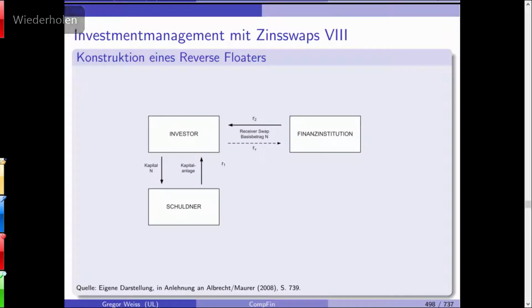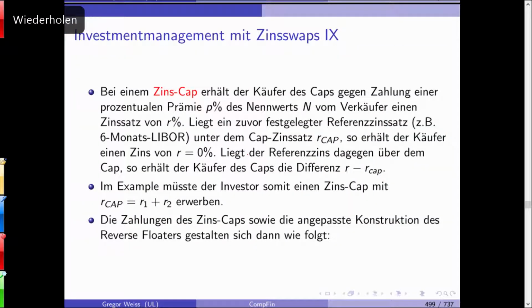If, for example, you have a reverse floater, you are getting R2 and paying out RV, more or less, and with an interest rate cap, the buyer of the cap is receiving a percentage premium of a notional N from the seller. He's paying a premium and is getting an interest rate R%.